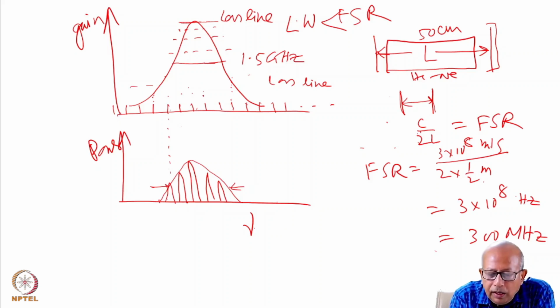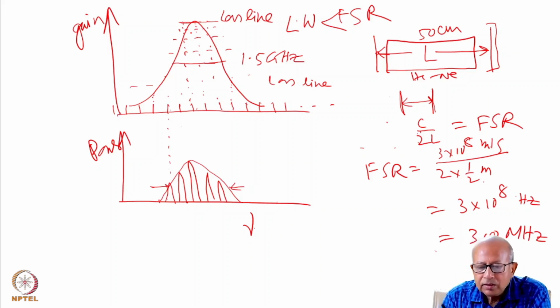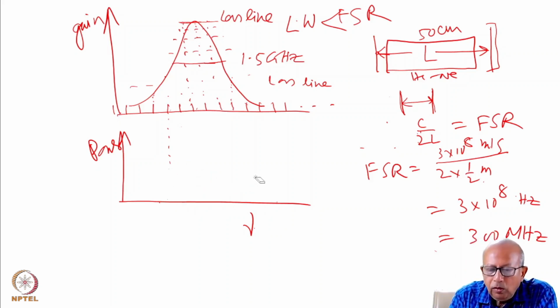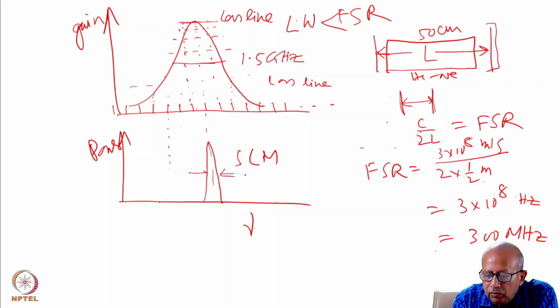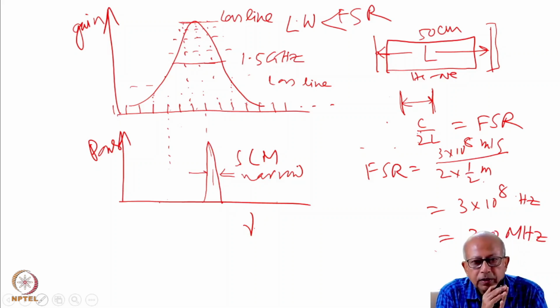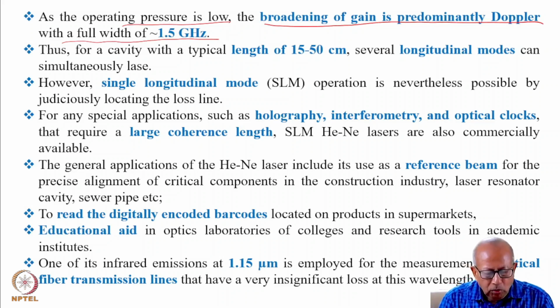So only this one line would now have gain exceeding loss. Any other line will have loss more than the gain. So in this case, the emission would be only on this mode, which has net gain. So it will be basically a single longitudinal mode laser, and the emission will be very narrow. So it will be highly monochromatic. This is how you can make this laser monochromatic.